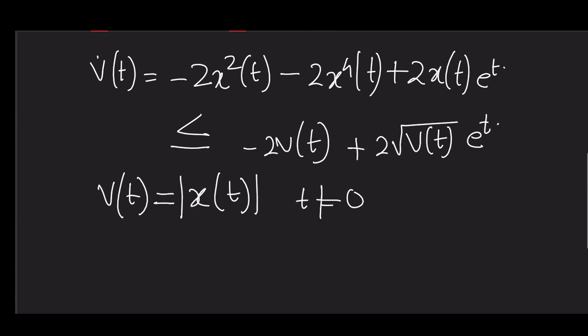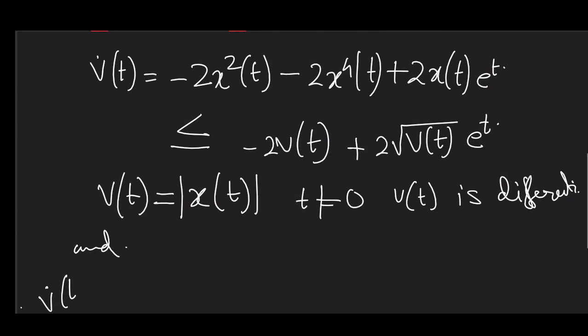for all values of t not equal to 0, what you will get? v(t) is differentiable and it's given by v dot t is equal to d/dt of root under x square t.